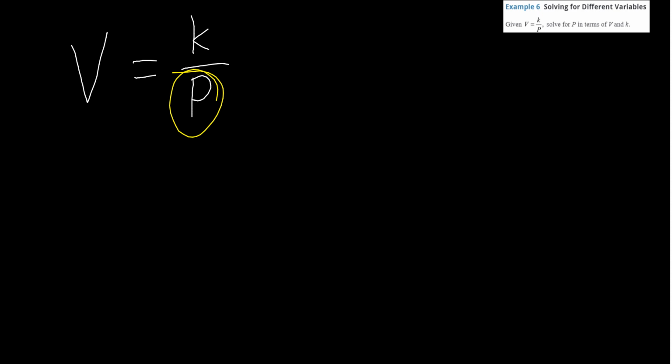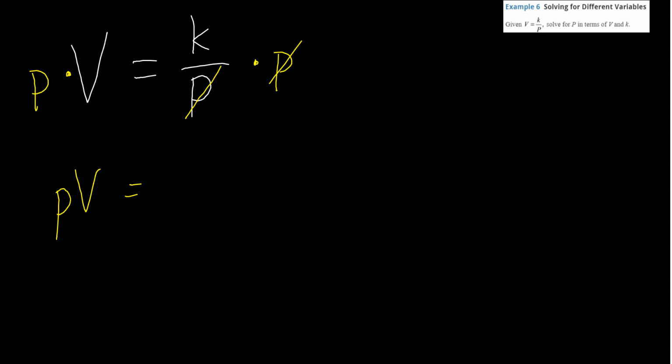Okay. Well, first thing I need to do, since p is in the denominator here, is multiply both sides by p. If I multiply this side by p, that cancels, right? And if I multiply this side by p, I end up with pv is equal to k.